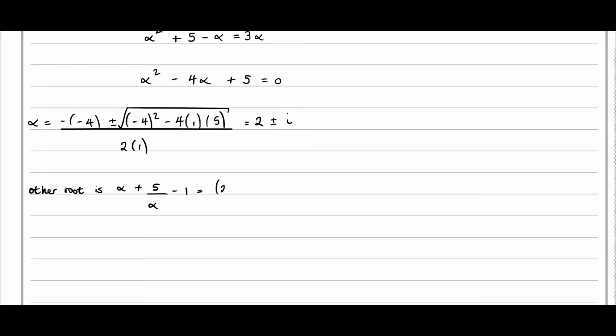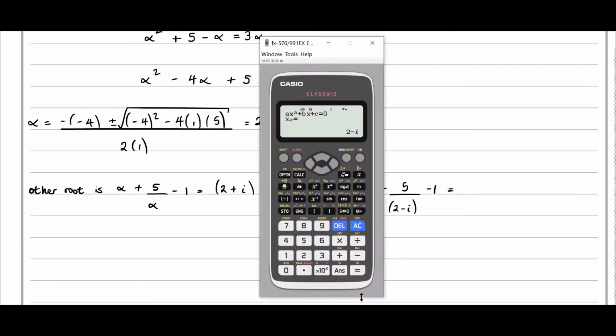So we have 2 plus i plus 5 over 2 plus i minus 1. Of course, this is the same as 2 minus i plus 5 over 2 minus i minus 1.